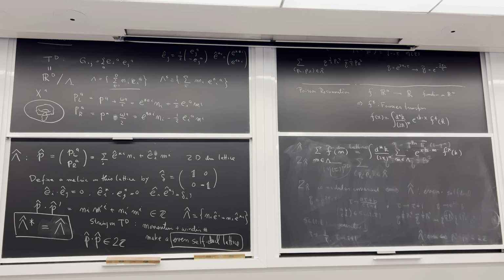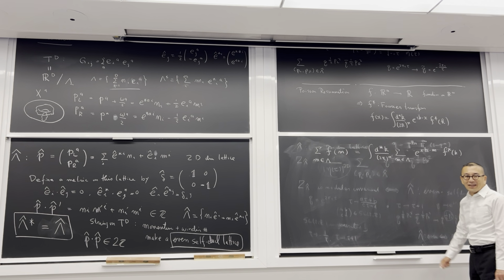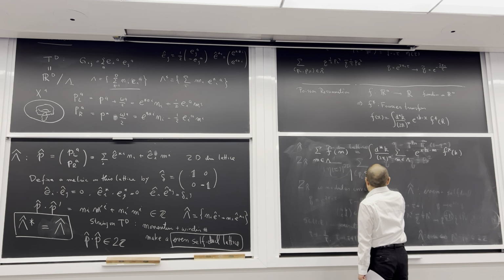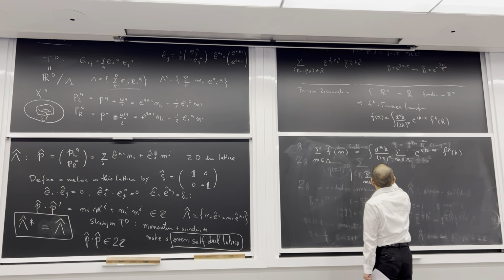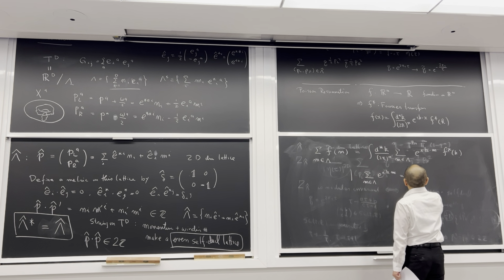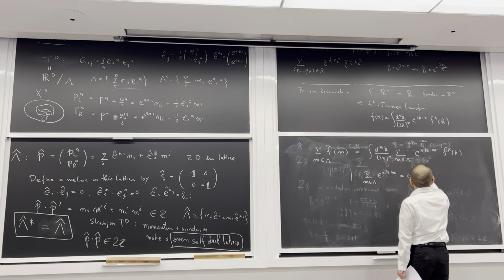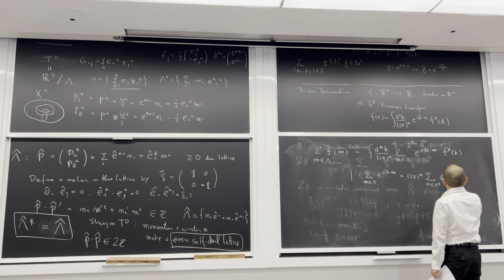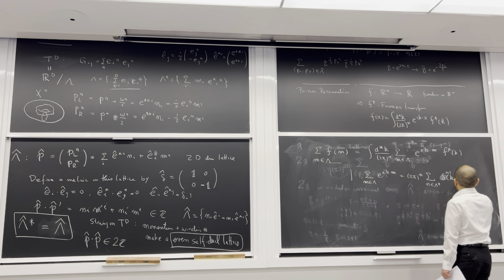It turns out, and this is something we can prove, that the sum over m in lambda of e to the i k m is equal to 2 pi to the n times the sum over n in the dual lattice of the n-dimensional delta function of k minus n.